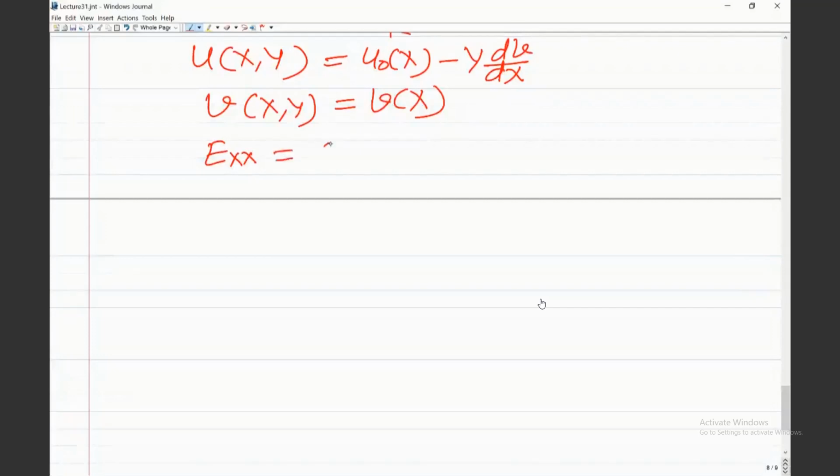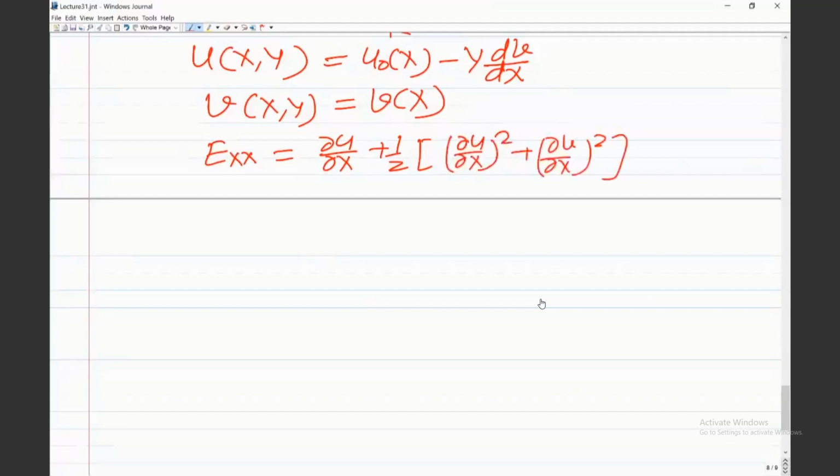So that would be equal to del u by del x plus half of, again I am writing the Green-Lagrange strain, del u by del x whole square plus del v by del x whole square. Now for most cases, when the transverse displacements are of the order of the thickness of the Euler-Bernoulli beam element, the del u by del x square term would be negligible. So the dv by dx is finite, but del u by del x is still small, so its square can be neglected.